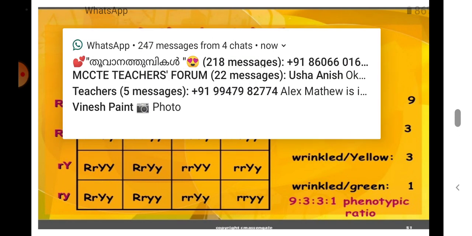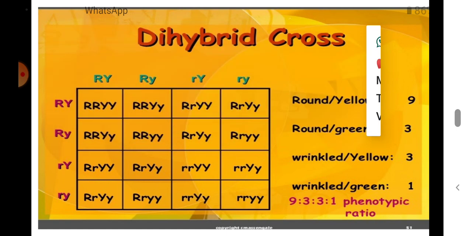Nine of them are round yellow, because round yellow means these offspring have capital R and capital Y in their alleles. Then the round green means having capital R and a small y in the genotype.